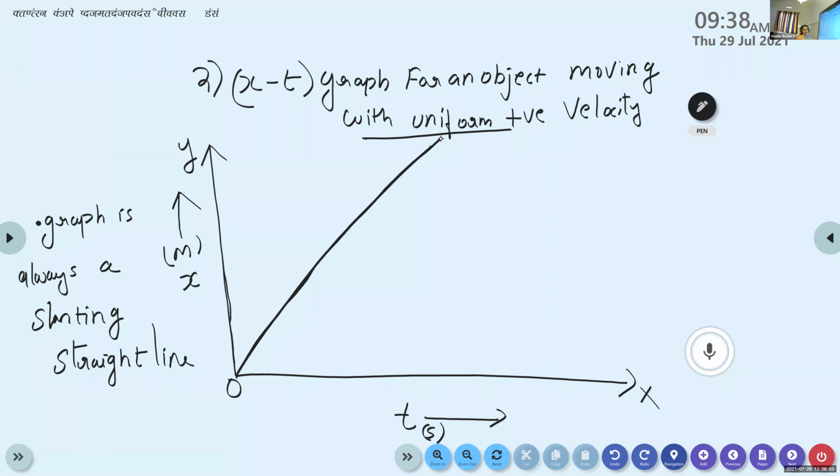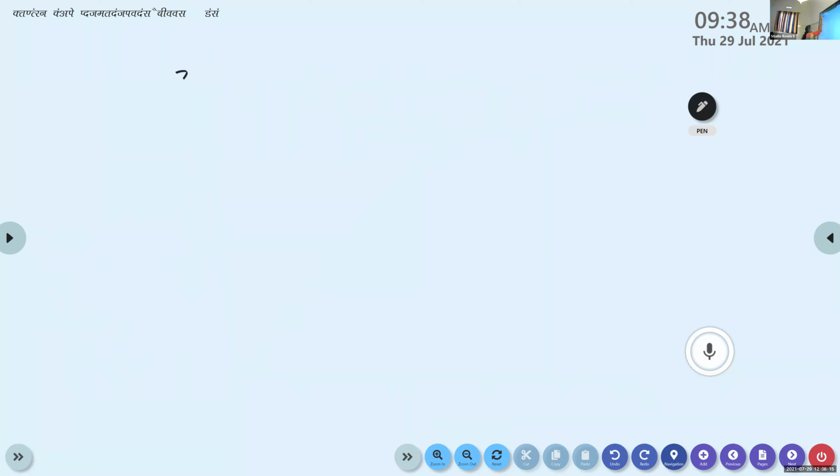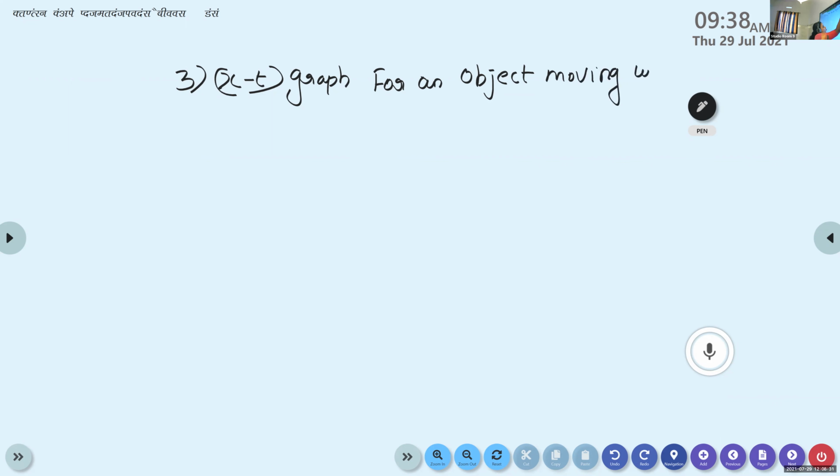Now, the third case. What is the third case? Position time graph for an object moving with a uniform negative velocity. XT graph for an object moving with uniform negative velocity.